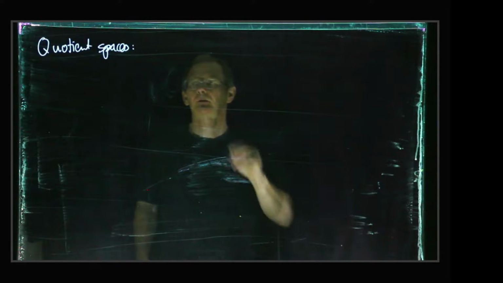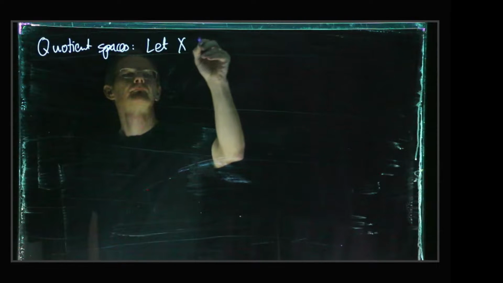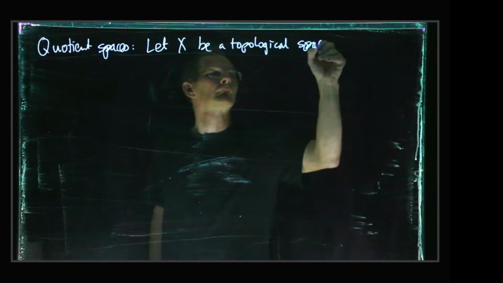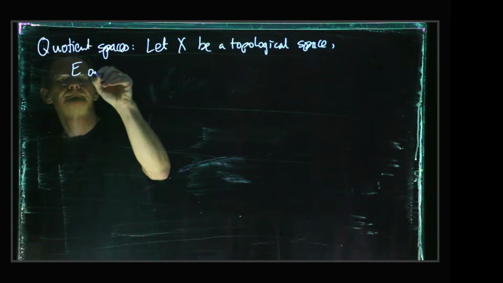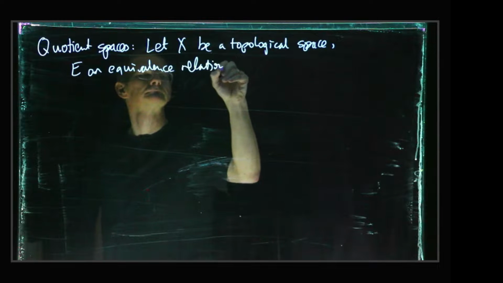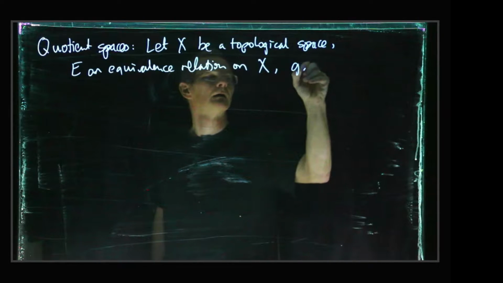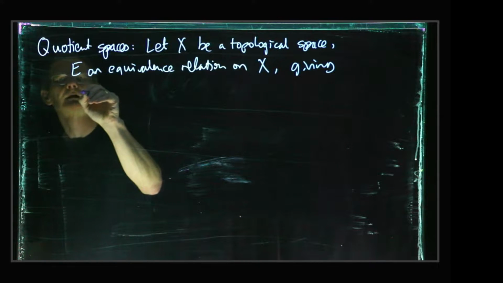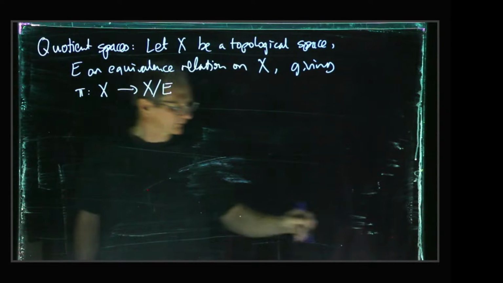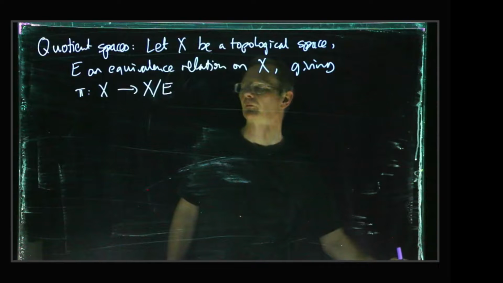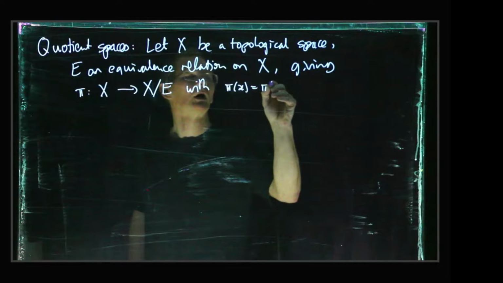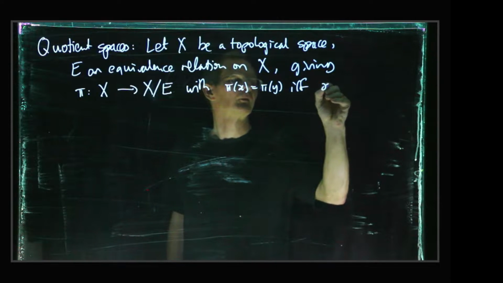Okay, so the idea here: we have, let X be a topological space, and E is going to be an equivalence relation on X, giving quotient set X mod E, with the usual projection map pi from X to X mod E, with pi(x) equal to pi(y) if and only if x E y.